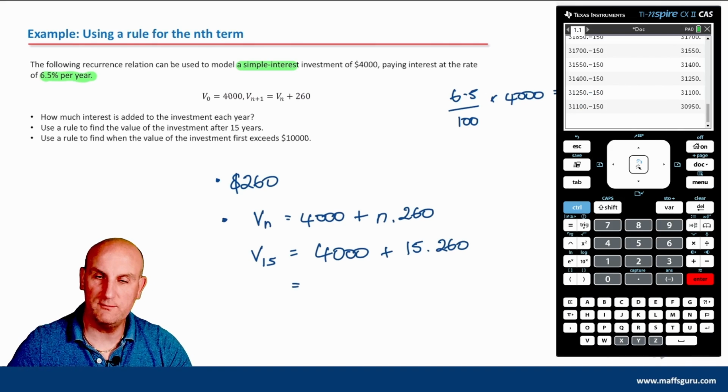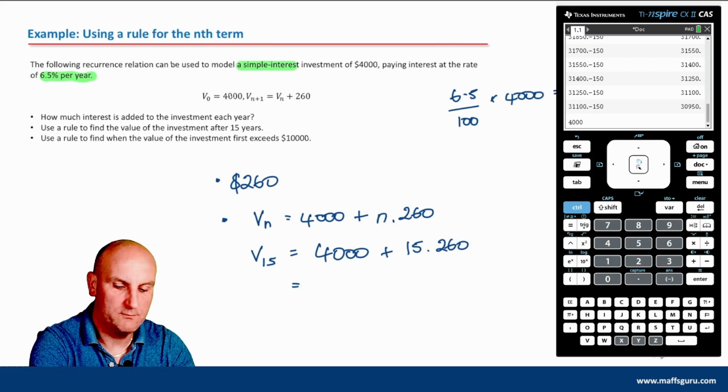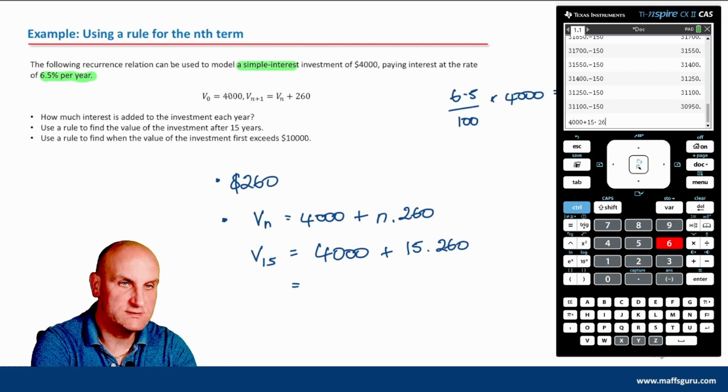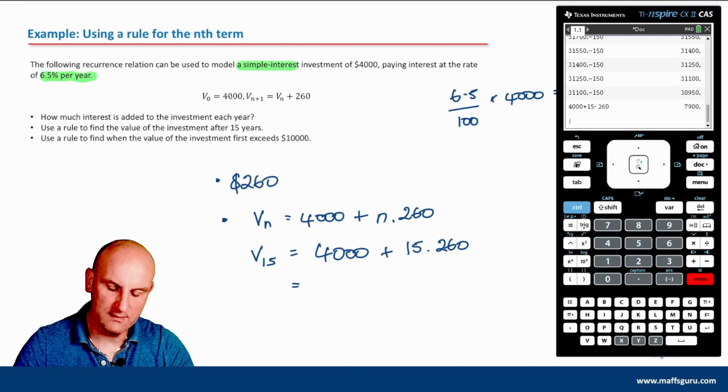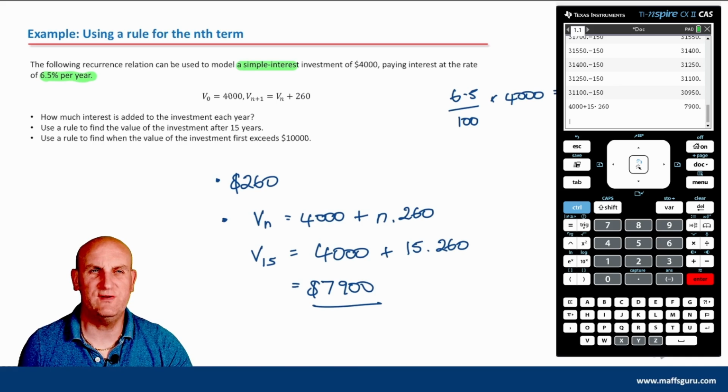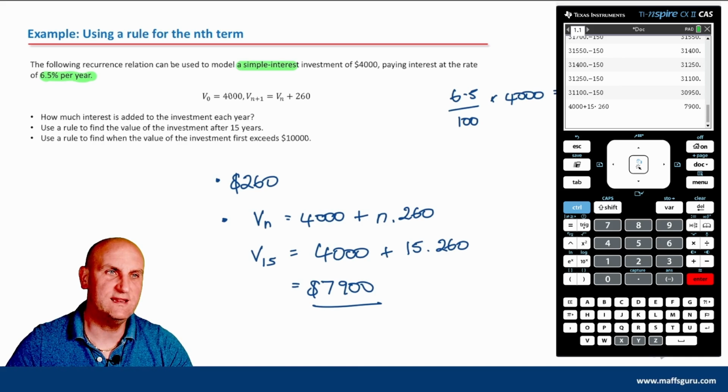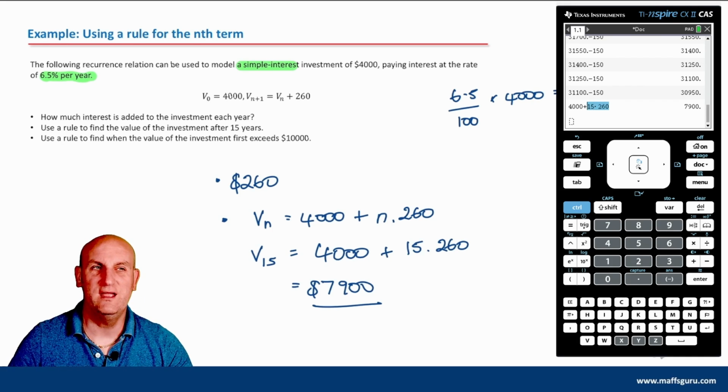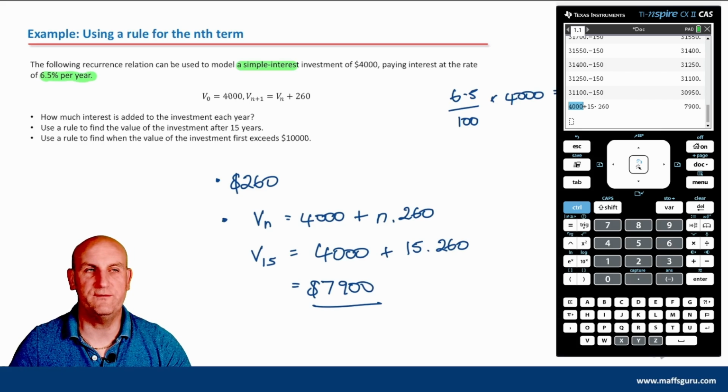No way I can do that in my head, so let's see what comes out there. 4,000 plus 15 times 260 gives me $7,900. So there you go, that is going to be the value of the investment after 15 years. Now again, if you look at this, that 15 times 260 makes sense. I'm paying in $260 each time for 15 years, and I'm adding it onto my initial investment of $4,000.